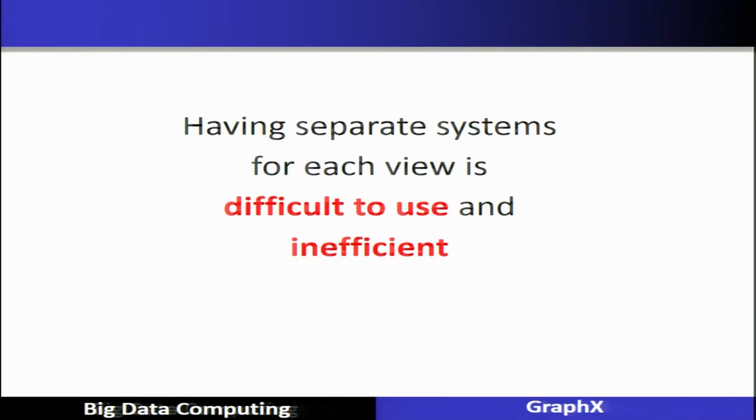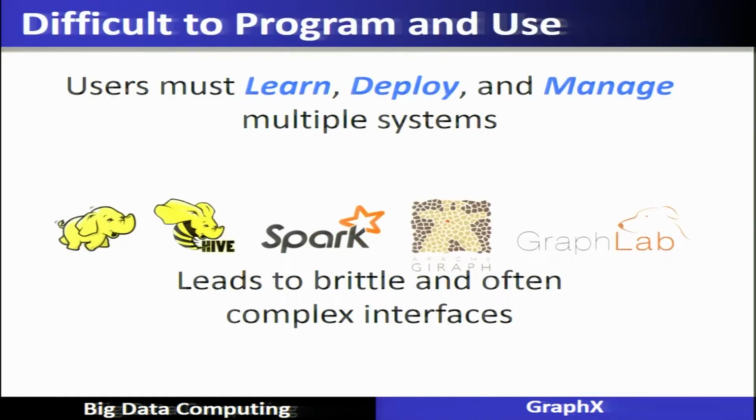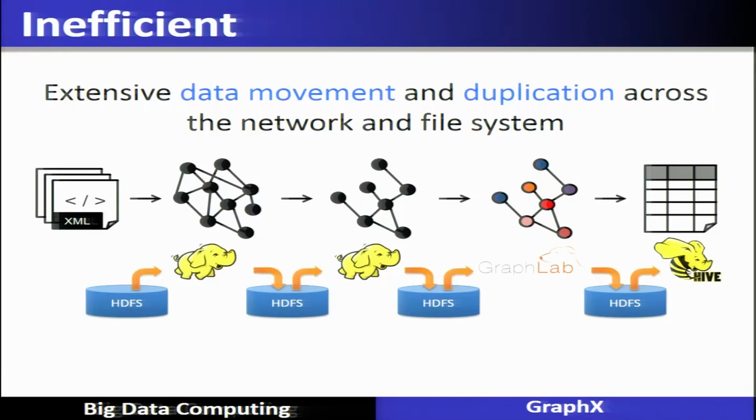Let us see how the different frameworks handle these kinds of views. Having separate views for each is difficult to use and also inefficient. Why? Because the data will be moving and there will be duplication in the network and the file system.